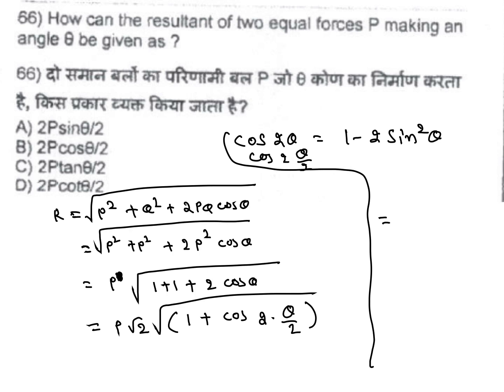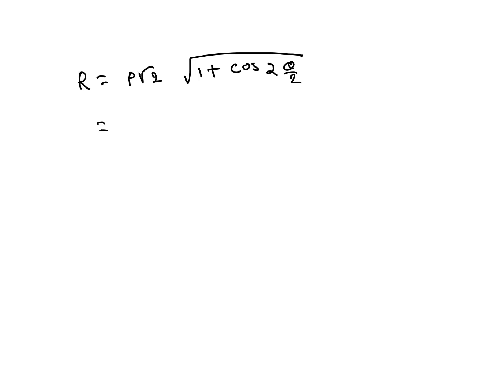Then you apply here 1 plus 1 minus 2 sin square theta by 2. Then again 2 you take common, you will get 2P square into 1 minus sin square theta by 2.